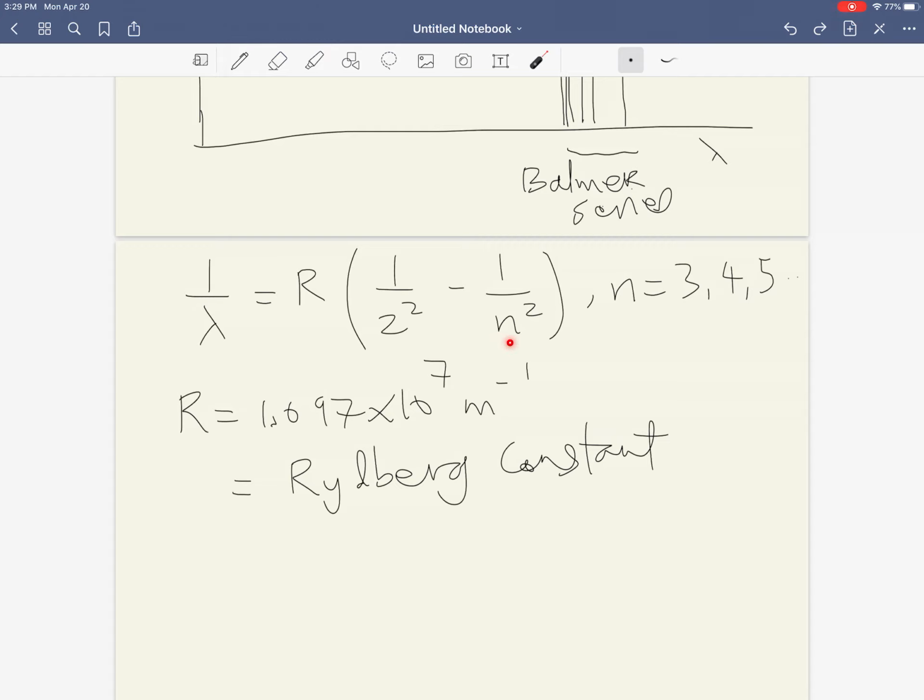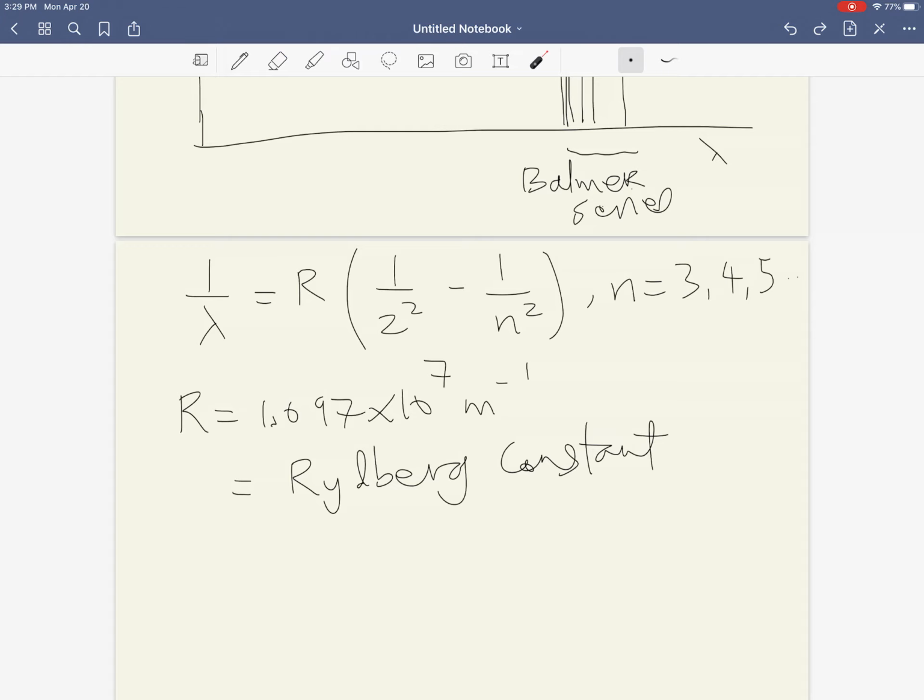In other words, n takes on a value greater than 2. R has the value of 1.097 times 10 to the positive 7 per meter, and it's called the Rydberg constant. So this is the historical fact.